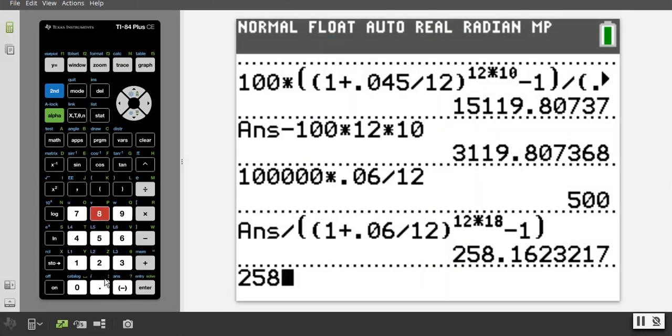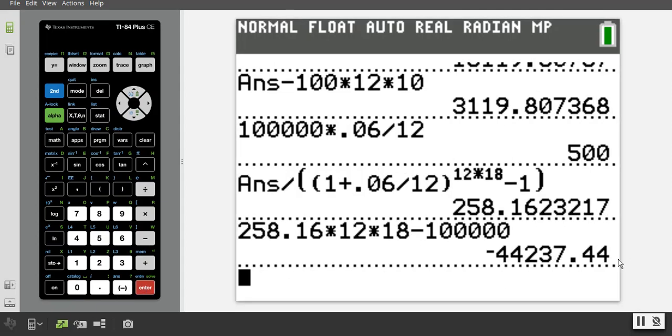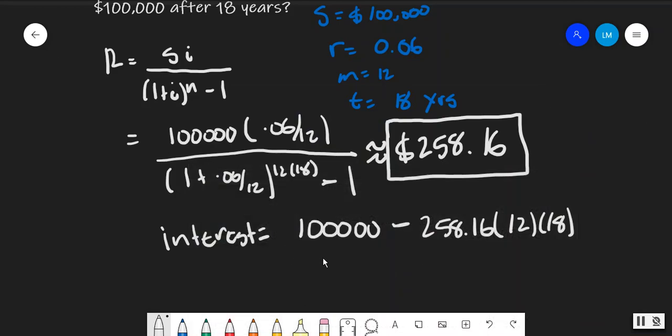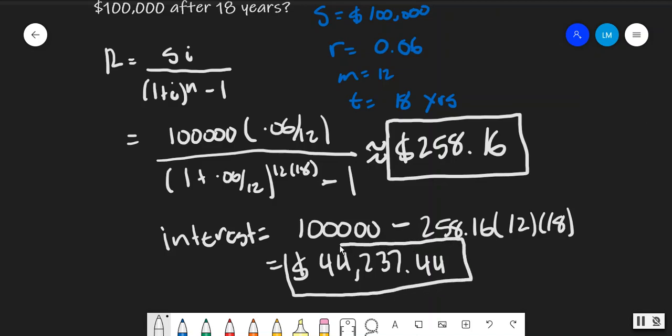So basically 258 and 16 cents multiplied by 12 times 18 minus the 100,000, and that's $44,237 and 44 cents. Okay, so that's the amount of interest that was earned.